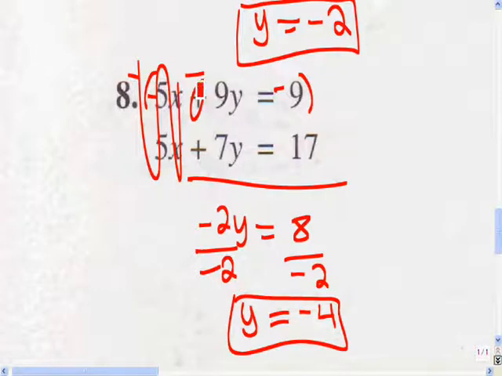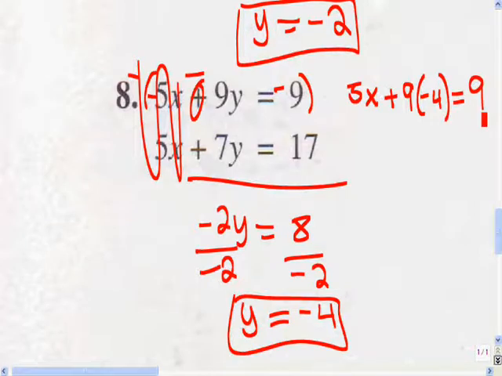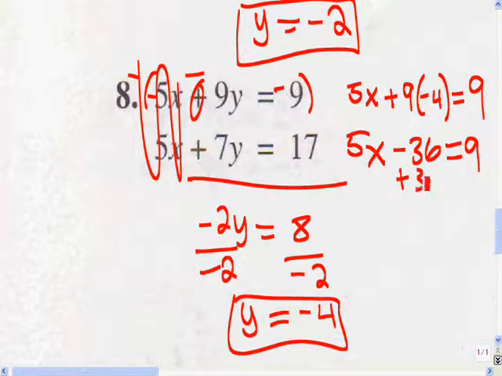Okay, now I'm going to plug it back into my original equation, which was 5x plus 9 times y, and y is negative 4, equals 9. 5x plus 9 times negative 4 is a negative 36. Then I'm going to add 36 to both sides.